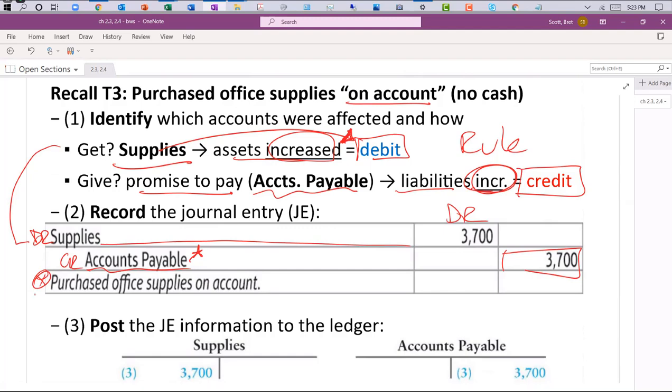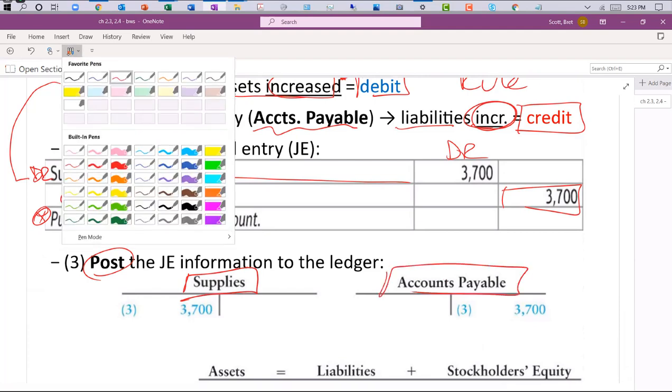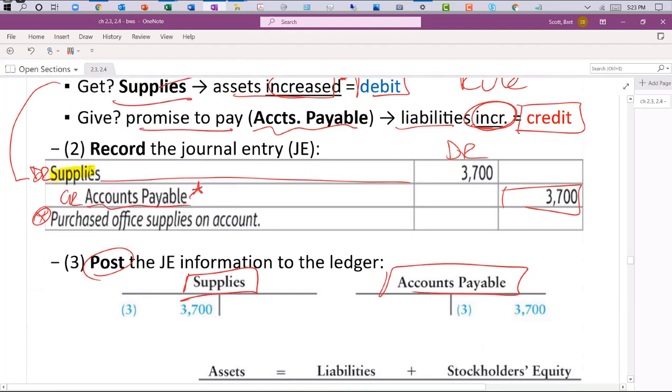Next step, go to the ledger, find the individual accounts, and then post them accordingly. Supplies, debited. Accounts payable, credited. Left side equals right side, total debits equal credits.